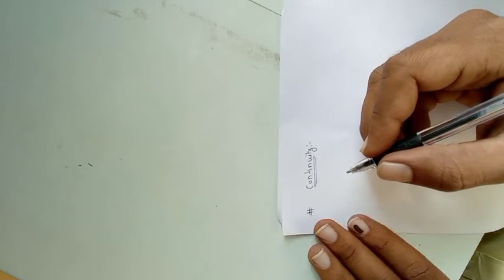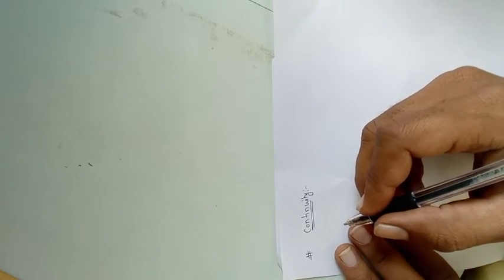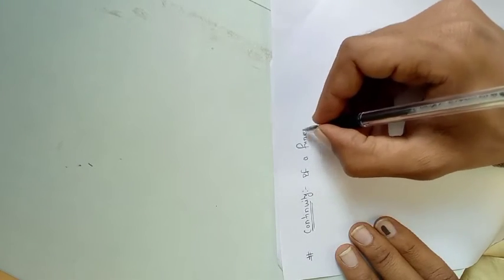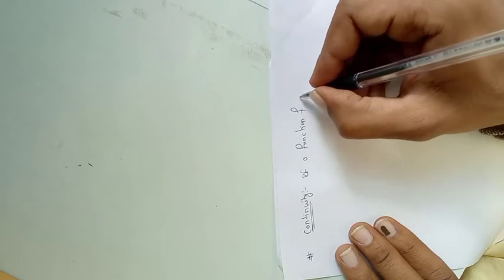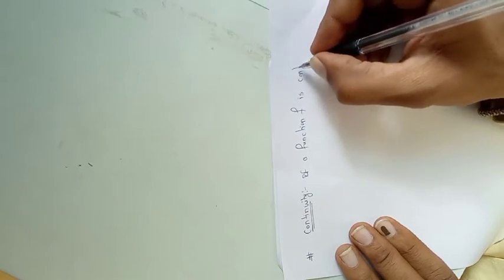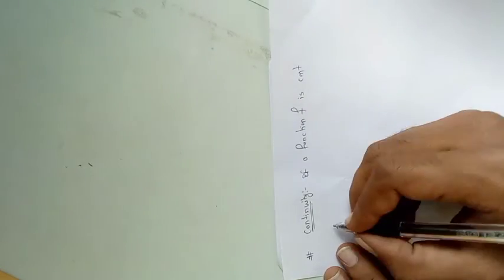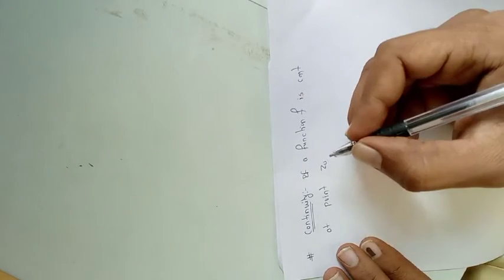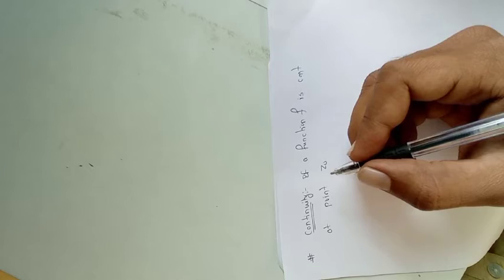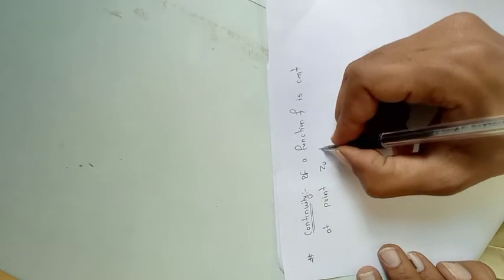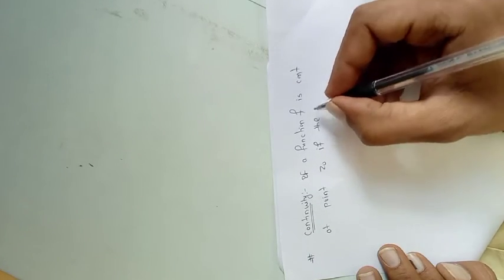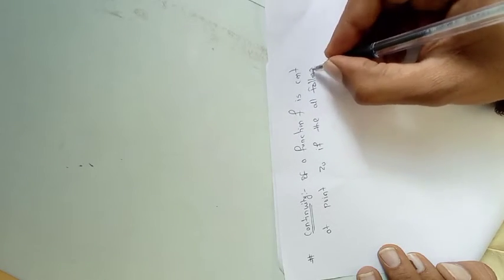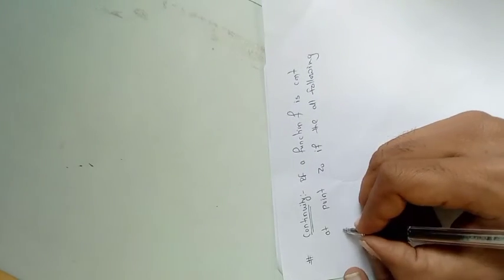Continuity. A function f is continuous at a point z0 if all the following three conditions are satisfied.